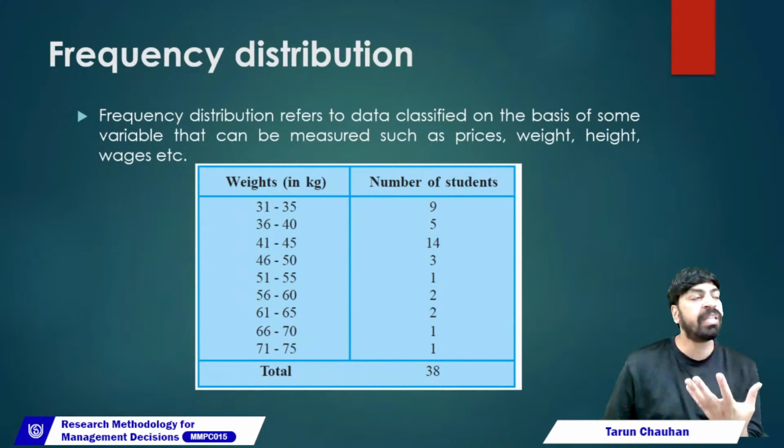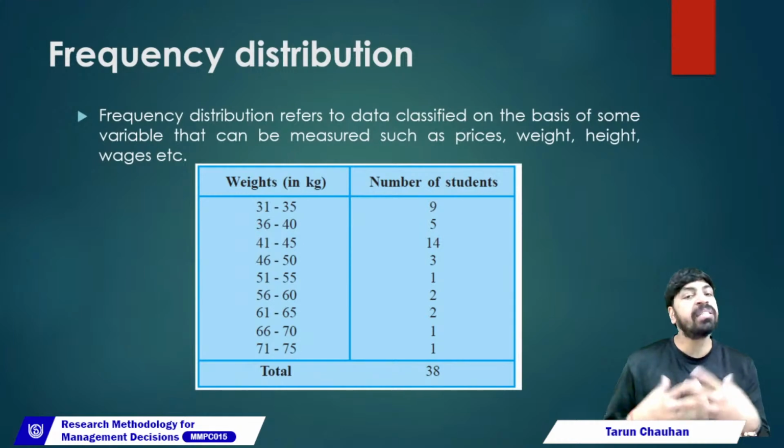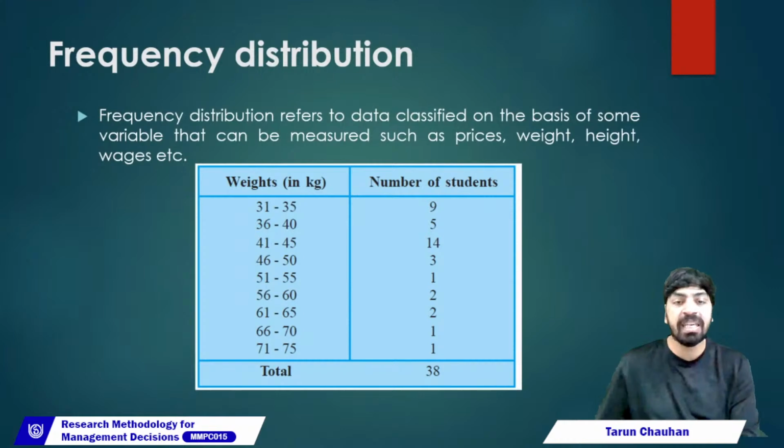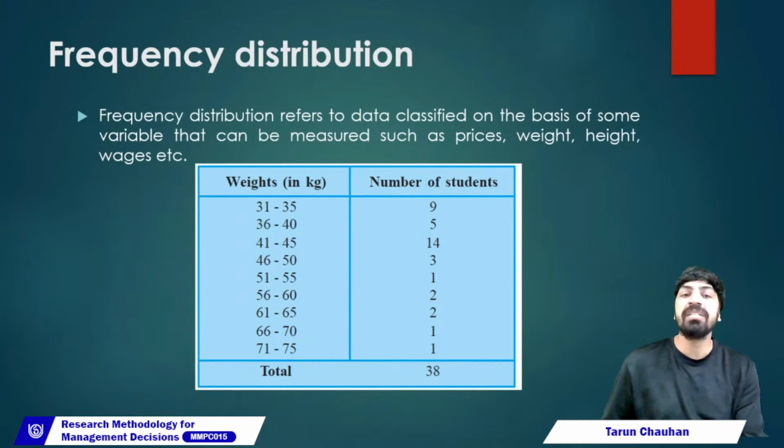Weight is measurable, height is measurable, expenses are measurable. When you show this in a table, a tabulation with the corresponding frequencies, that is called a frequency distribution.